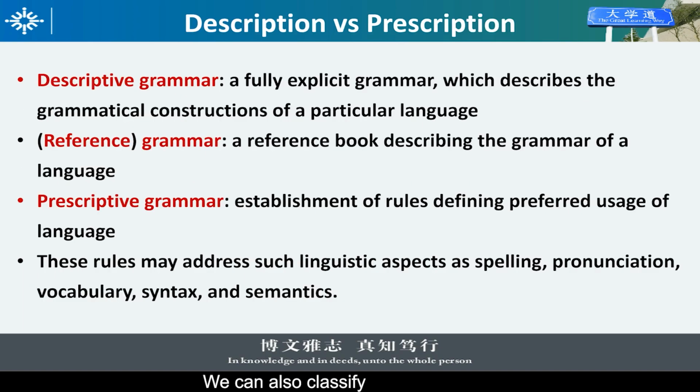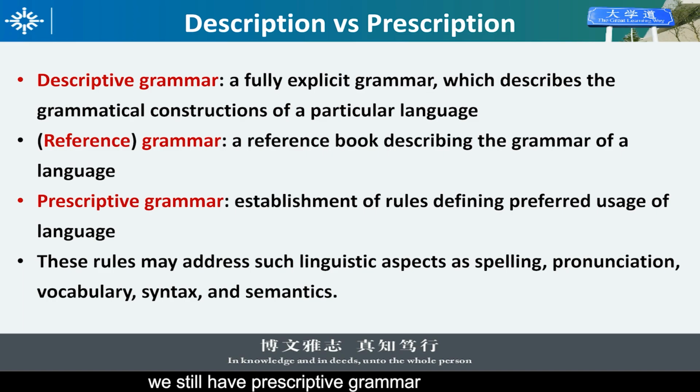Okay, we can also classify the grammar study into description and prescription. Descriptive grammar refers to a fully explicit grammar, which describes the grammatical constructions of a particular language. So it depicts the real situation of a structure of a language. Sometimes we use the term reference grammar, which refers to a reference book describing the grammar of a language. We usually make use of the reference grammar to learn another language.